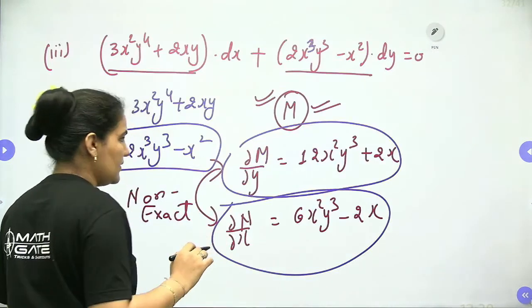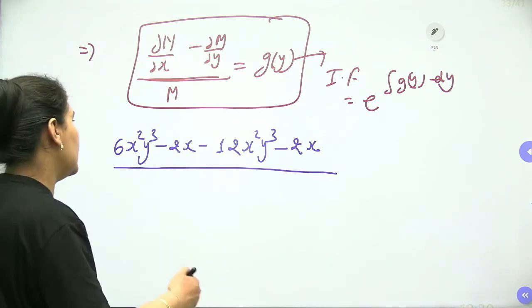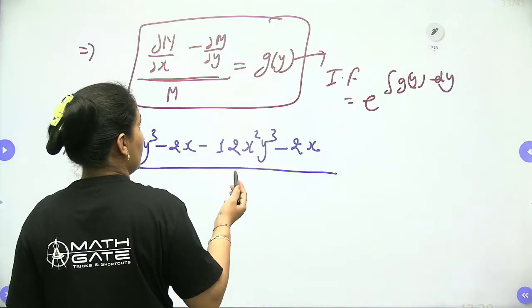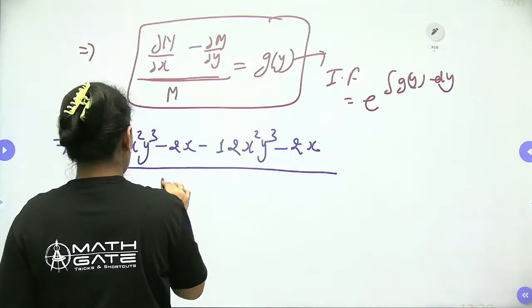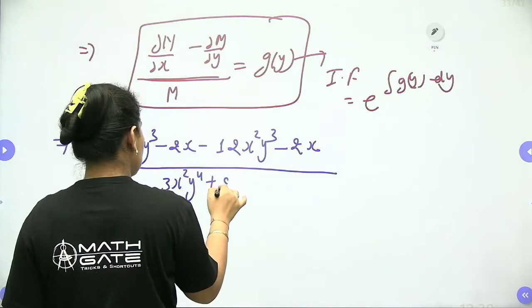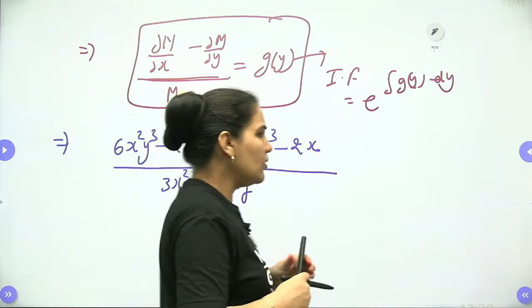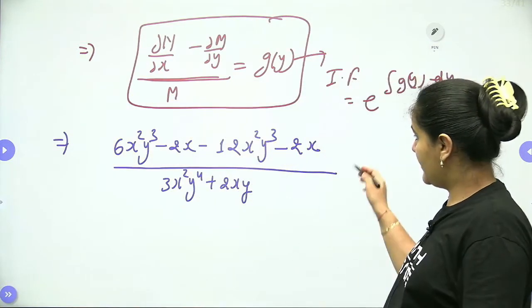When we divide this, it will not cancel out exactly. Okay, don't worry, we can find some method for this. So M is what? M is 3x²y⁴ plus 2xy. Let me write this down.